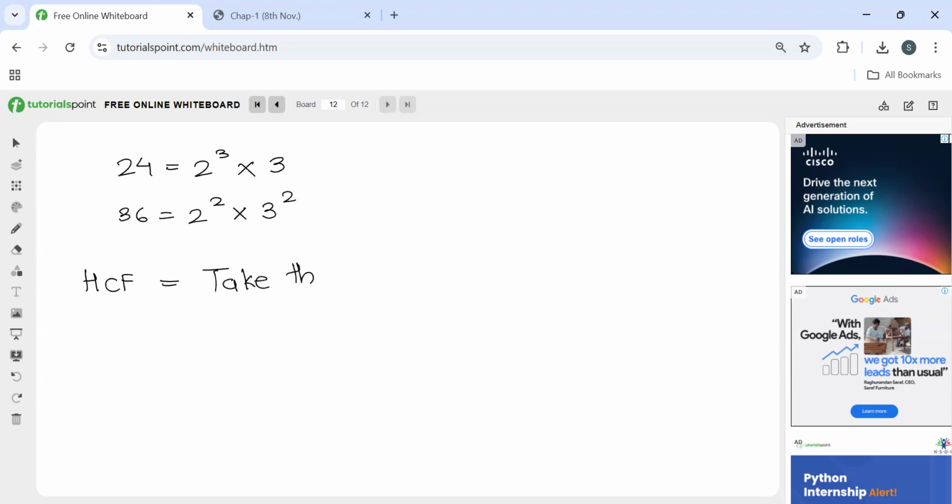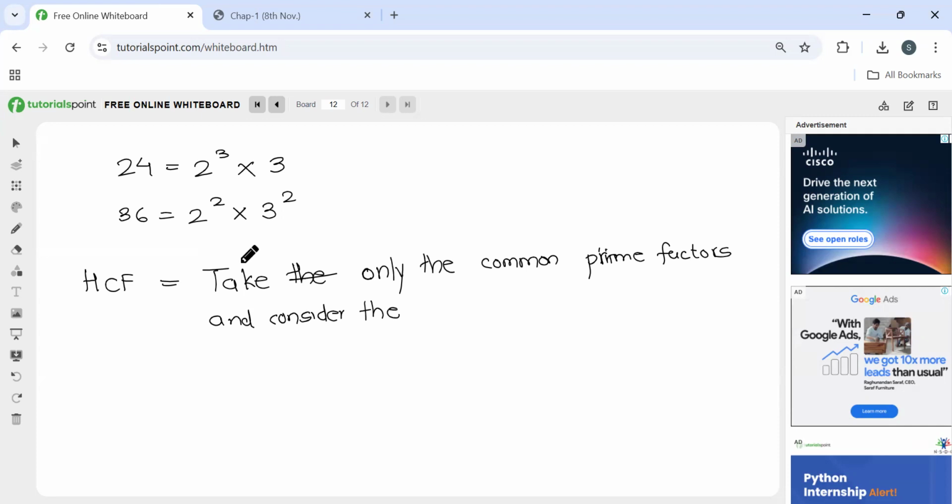Take only the common ones, okay? Common prime factors among the two and consider the smallest power of each common prime factor.